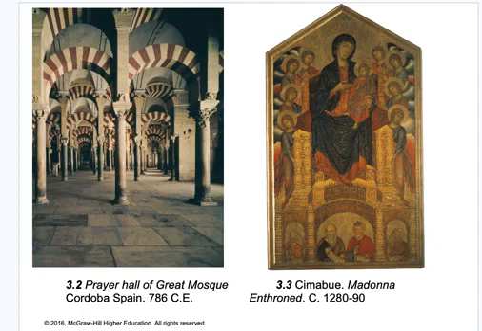The second example on the right is Cimabue. This is Madonna Enthroned, which is a very common theme in old Christian art. We're talking 1280 to 90 AD. Notice sometimes your book or the slides will say CE, which means Common Era, really what we would think of as AD.